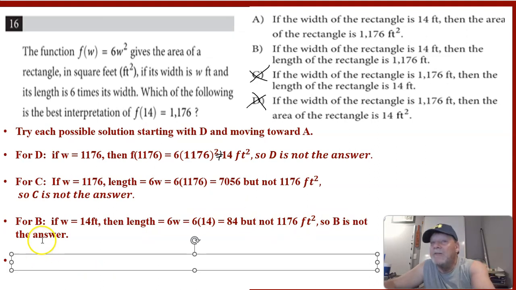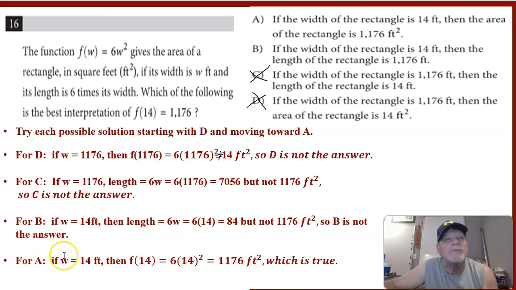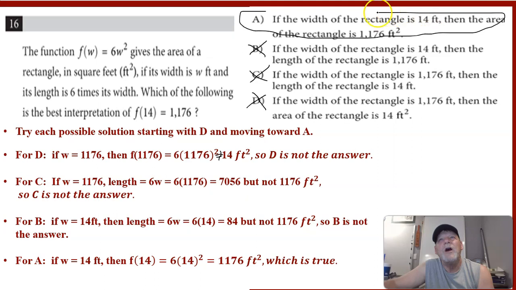So we're hoping A is, otherwise there is no correct answer. It says if the width of the rectangle is 14 and the area is 1176, and you plug it in, f of 14 equals 1176, that makes it true. So A is the correct answer, and hopefully you got both of these problems correct.